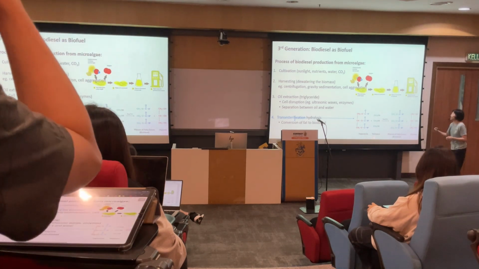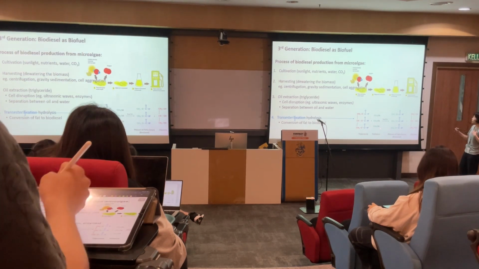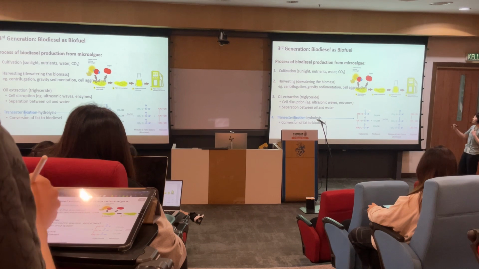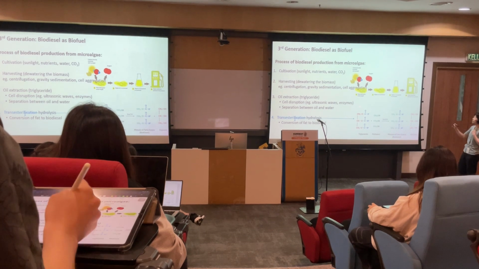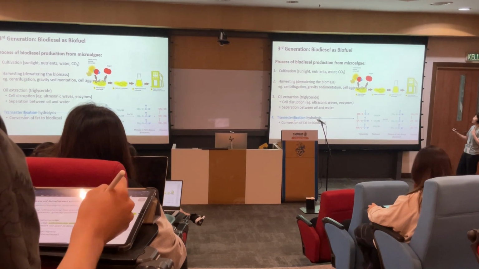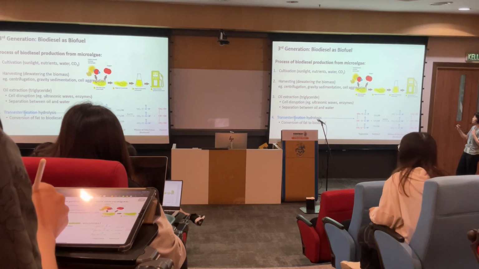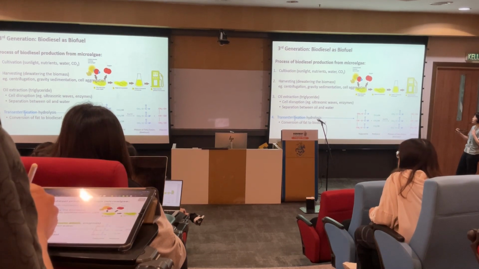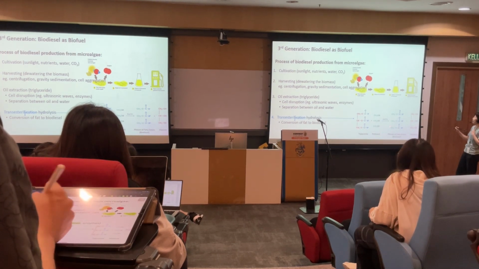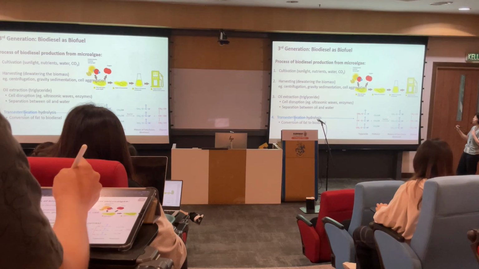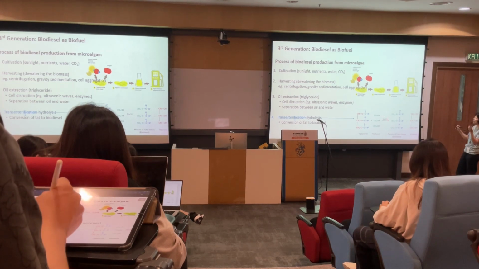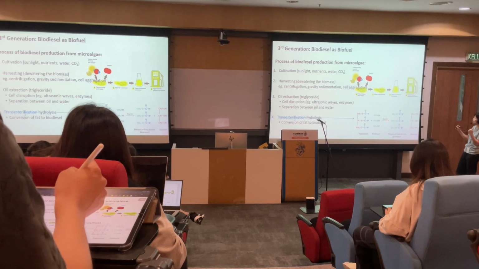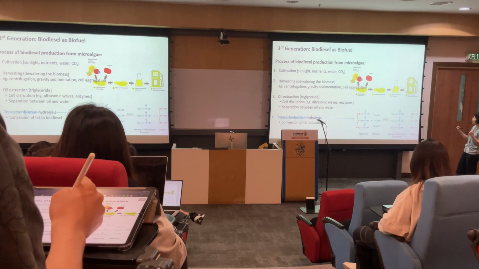This process basically needs one triglyceride, which is coming from the microalgae, and 3 moles of methanol. So 1 to 3 portions. And with a catalyst, which is either alkaline or acidic. In this case, it's sodium oxide as a catalyst.